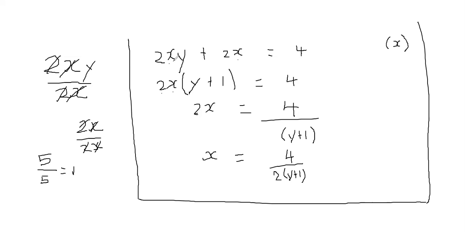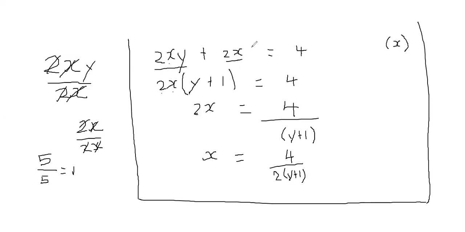All right. So we have 2xy plus x equals 4. Listen carefully. We try to make x the subject. But we see we have an x in this term and an x in this term.